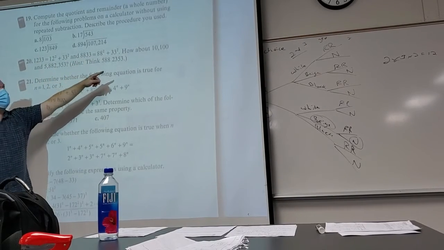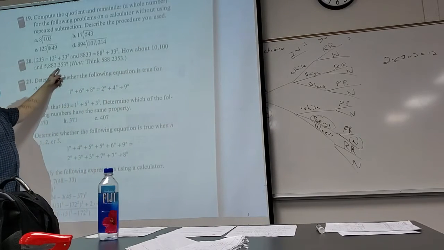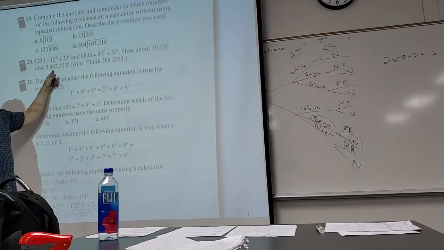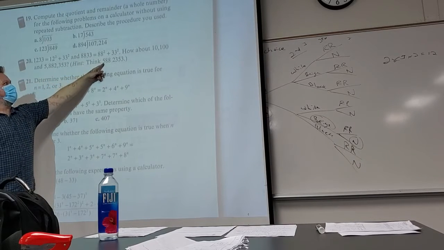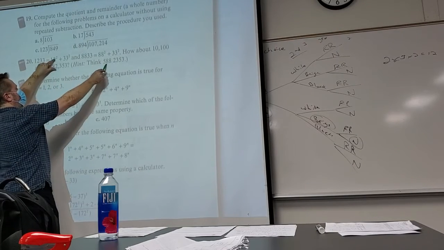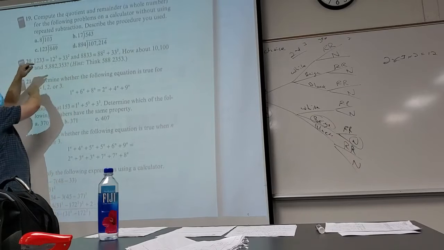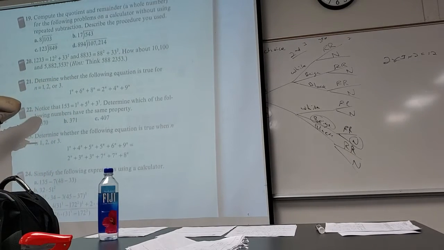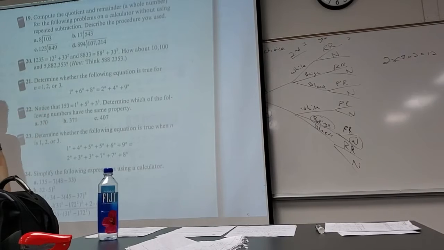Then they immediately gave me a 5-digit number, and this is a 7-digit number. So they tell you how to split this up. Try 588 squared plus 2353 squared and see if it equals this. Then you got to figure out how to break up the 10,100.